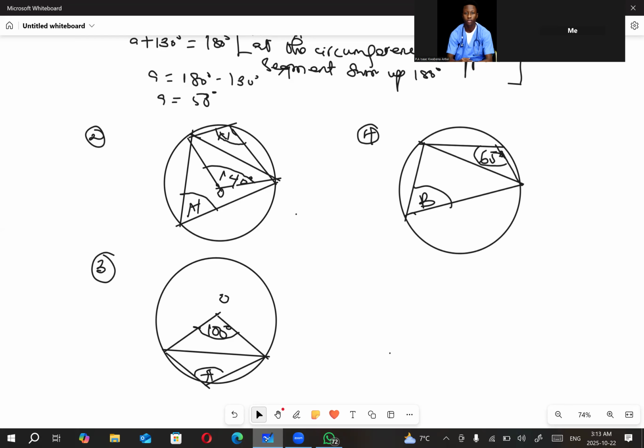Yes or no? Yes, sir. Did I assign you to note carefully that property? Yes, sir. Read that for me. Both angles must be subtended in the same segment. So the two angles, are they subtended in the same segment? So are you correct or wrong? Wrong. Yeah, you are wrong.